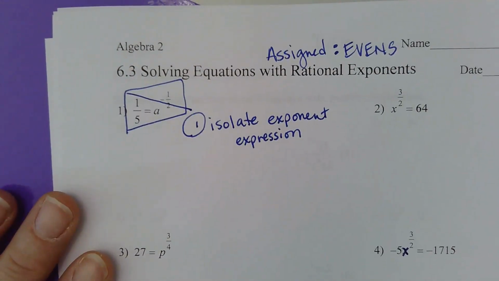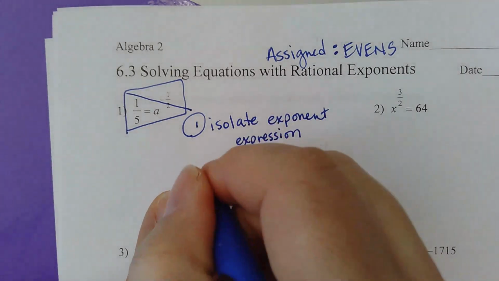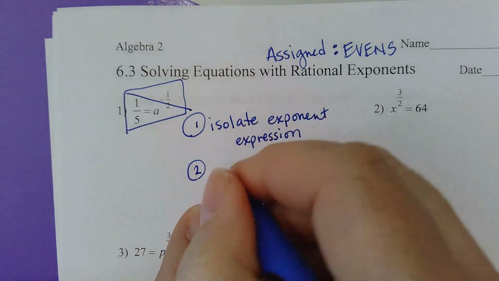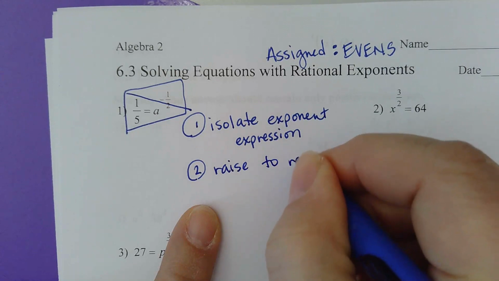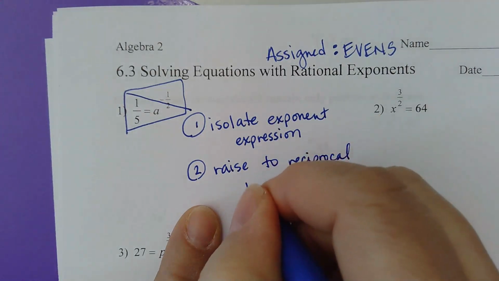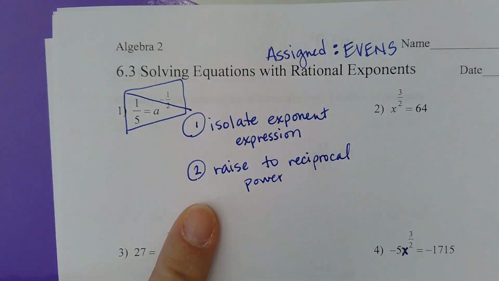Once I have the expression that contains the exponent isolated, then I raise to reciprocal power. So that means I flip my exponent upside down. It's a fraction. I flip my fraction upside down and raise it to that inverse power.